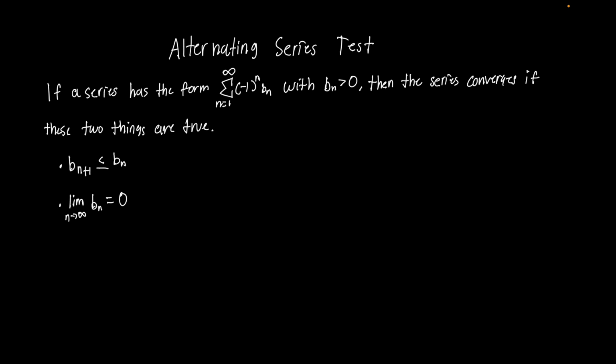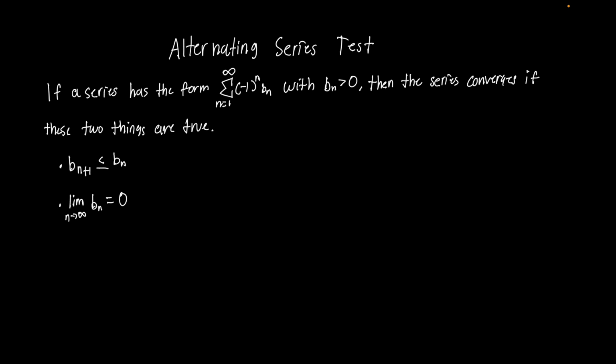First, b sub n plus 1 is less than or equal to b sub n, and second, the limit of b sub n as n approaches infinity is 0. Basically, all this test is asking is: are the positive terms getting smaller, and do they go all the way to 0? If both of these are true, then we say the series converges.